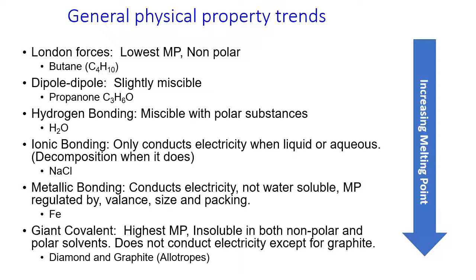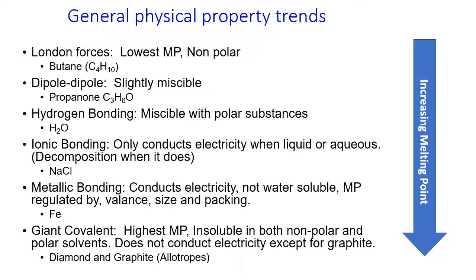Then, going back to previous units, ionic bonding is a lot stronger than hydrogen bonding. And remember, it only conducts electricity when liquid or aqueous. So sodium chloride, for example, has a higher melting point than water by a lot. Then we move on to metallic bonding, which we'll look at in the next unit. Able to conduct electricity, not water soluble.